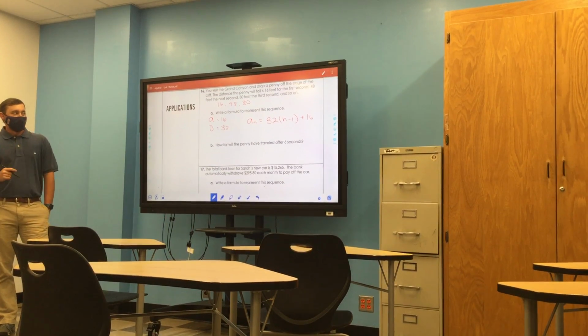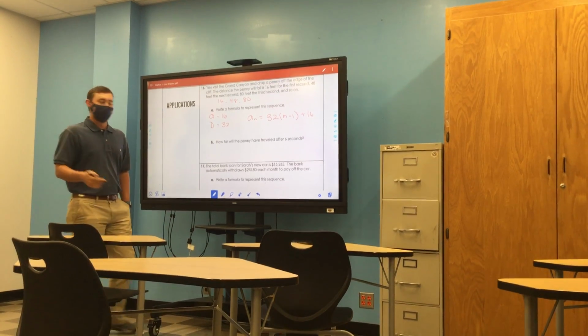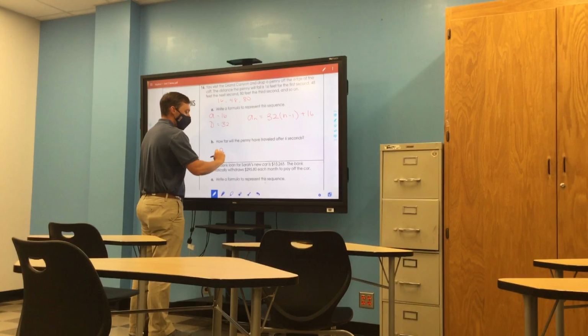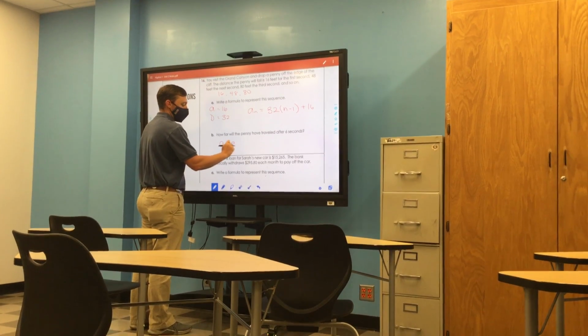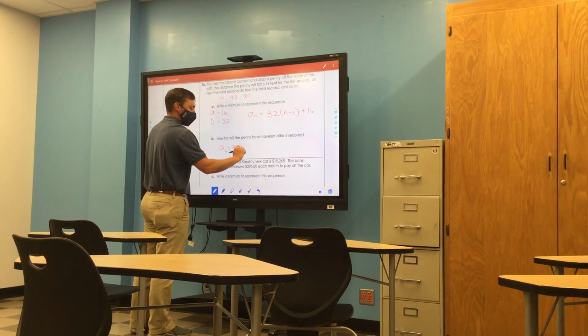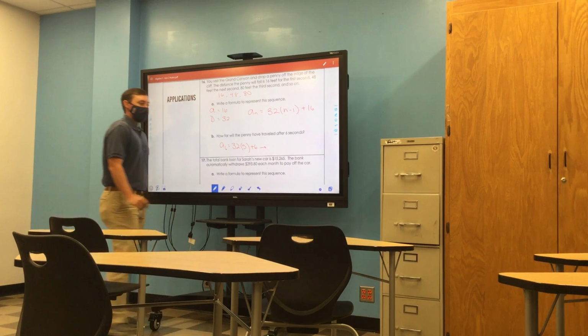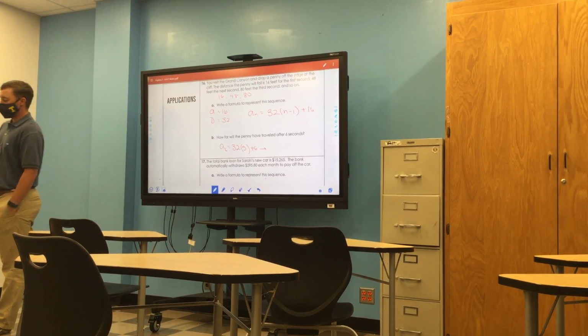Okay, so when it asks us how far will the penny have traveled after 6 seconds, that's what term they're looking for. So we're looking for A6, which is equal to 32 times 6 minus 1, which is 5, and then plus 16. Okay, so 32 times 5 plus 16.